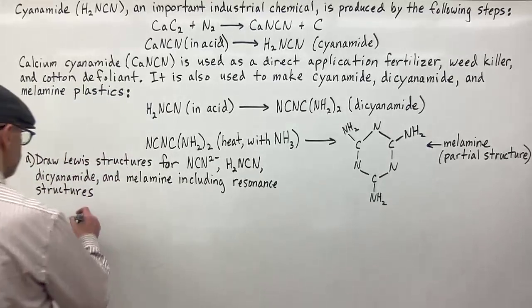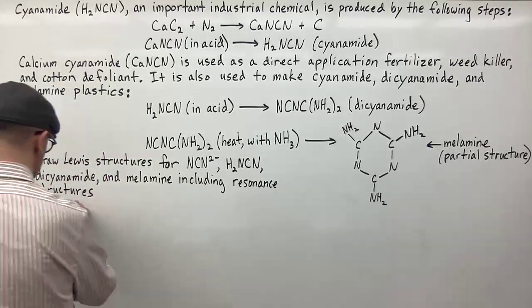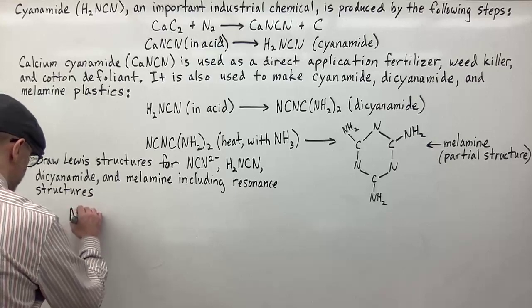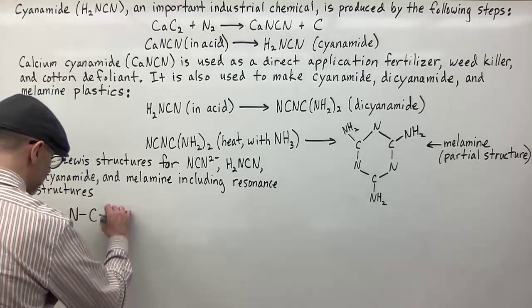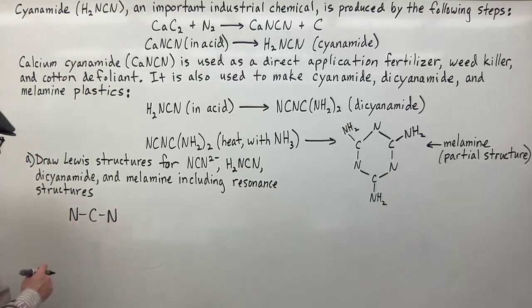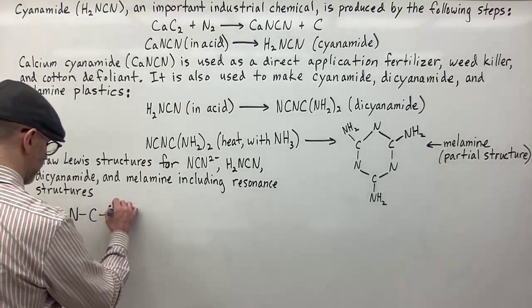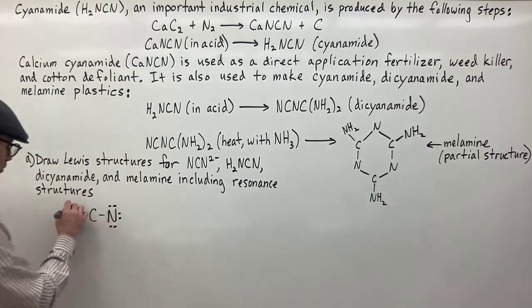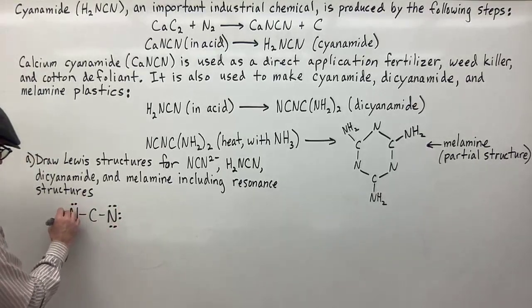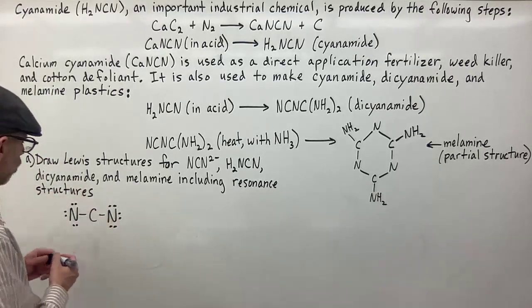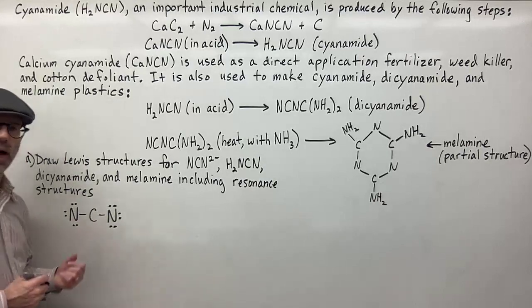And then I'm going to do my skeletal structure. So it's going to be NCN. That's 4 electrons. I've got 12 more. I'm going to put lone pairs on the outer atoms first. That's all of the electrons. So carbon needs 2 more bonds.